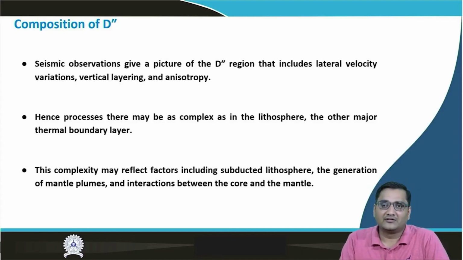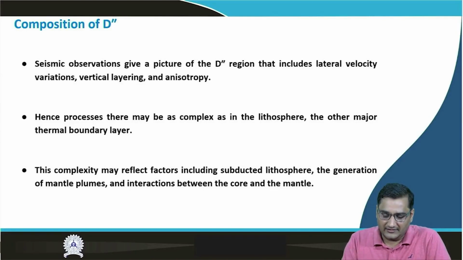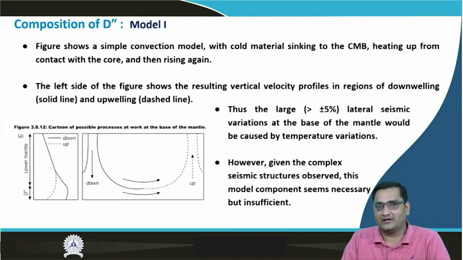Hence the D double prime region is going to be complex in comparison to the lithosphere. The D double prime layer, core mantle boundary, and the lithosphere, asthenosphere, these are thermal boundary layers. And this approximately may reflect factors including subducted lithosphere, the generation of mantle plumes, and interaction between the core and the mantle.